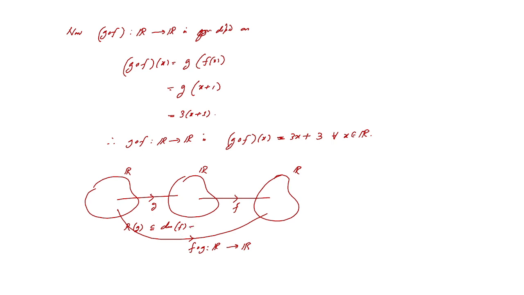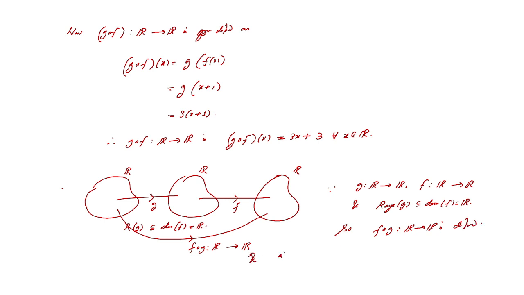The domain of f is basically R. So that means we can define it, since g is a function from R to R, f is also a function from R to R, and the range of g is a subset of the domain of f, which is also R. So we can say f composed g from R to R is defined.